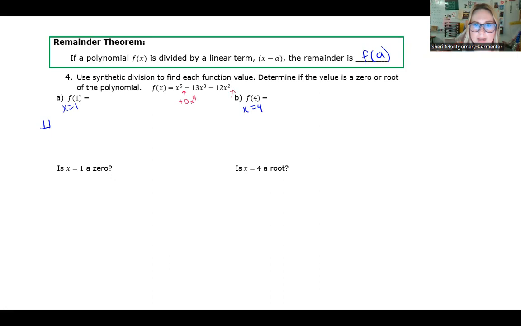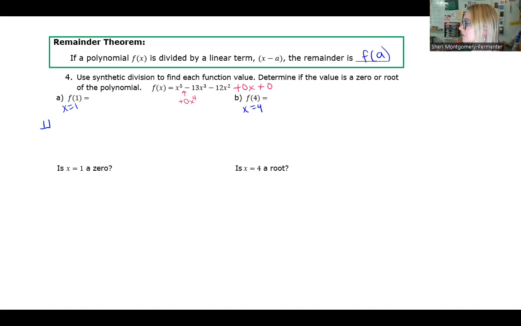And then at the end, I can actually write it, I have space. Plus 0x and then plus 0. So I have to make sure that I have all of the terms. It goes 5, 4, 3, 2, 1, and then none. So I have to have all the terms there.